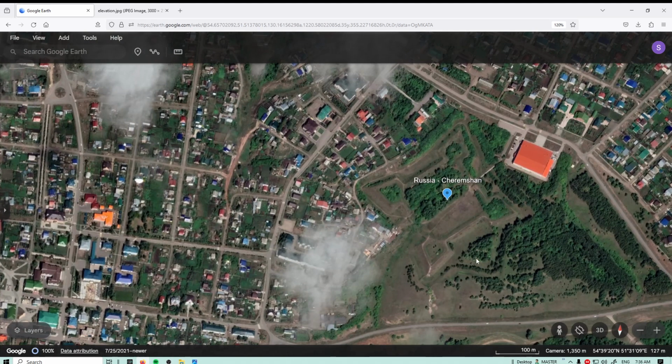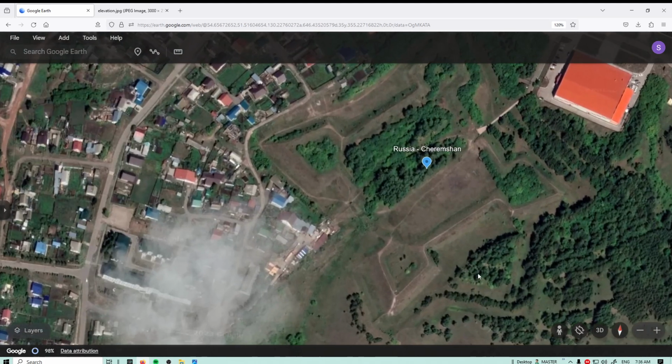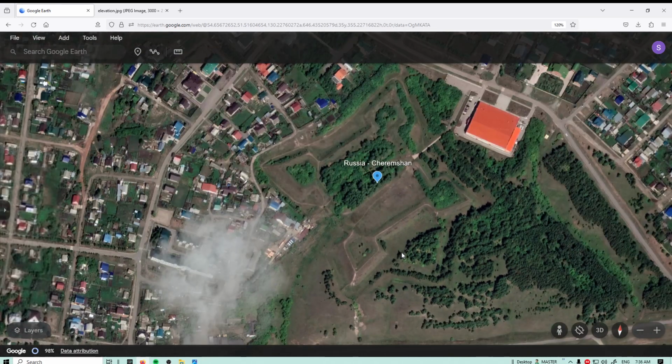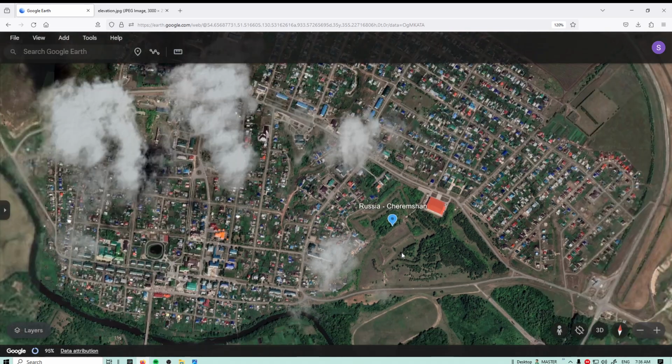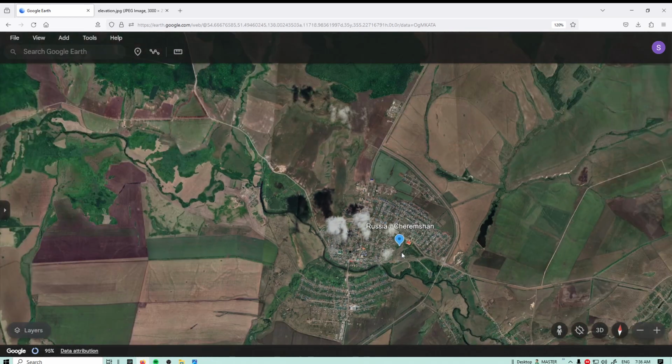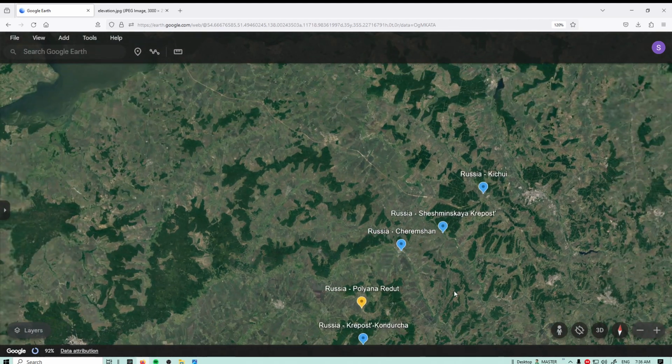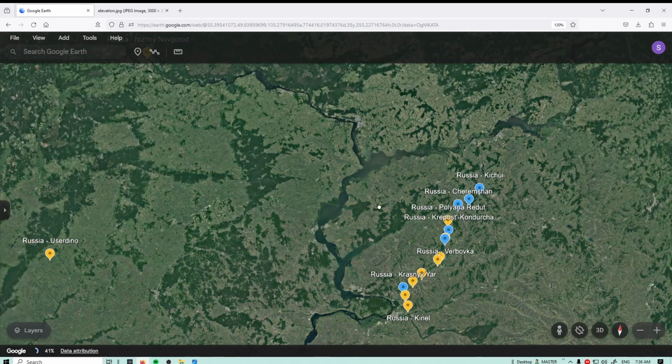The arrow pointing that direction. Just below the ground level. Okay, so we took a look at the ones here in this region. That's the one I like.